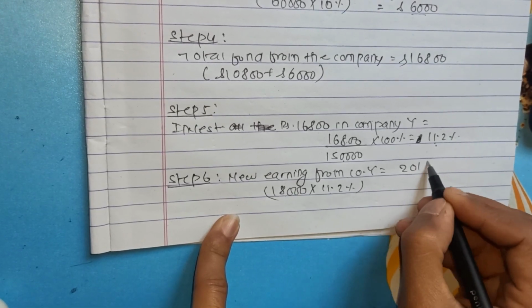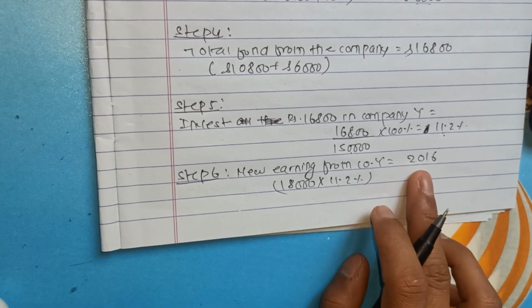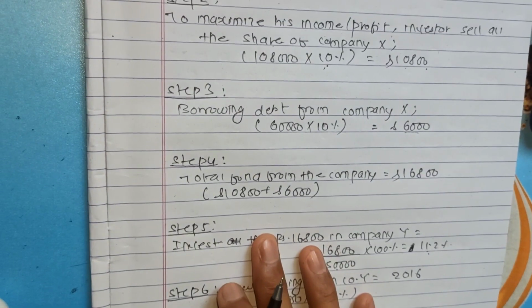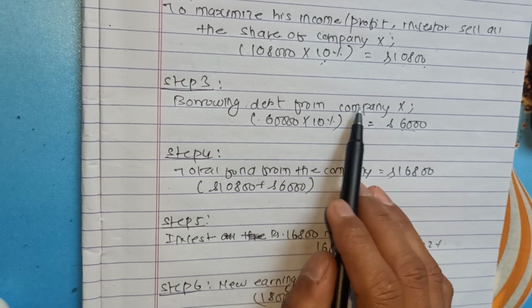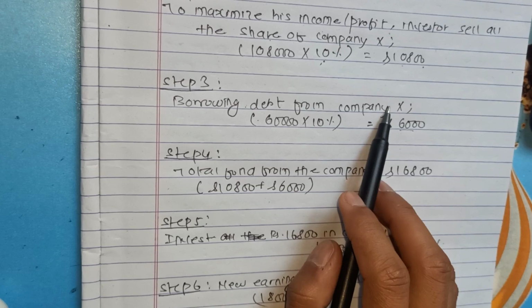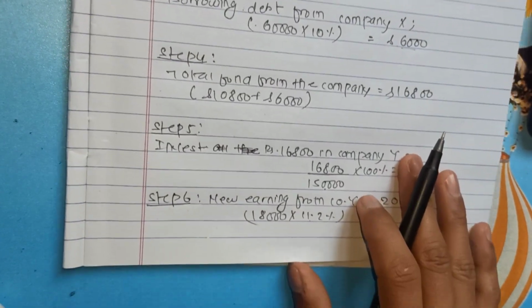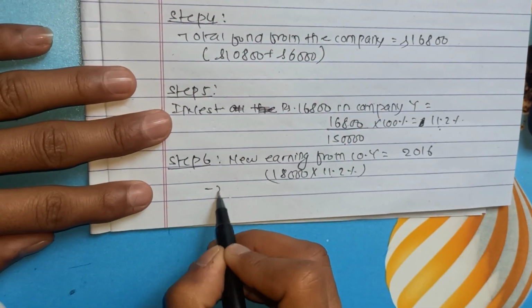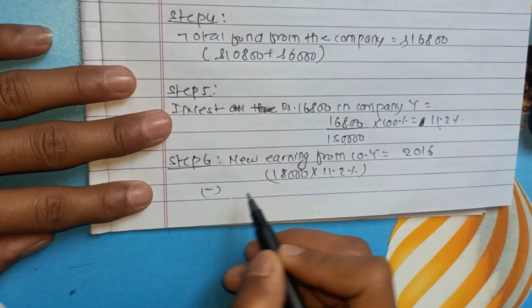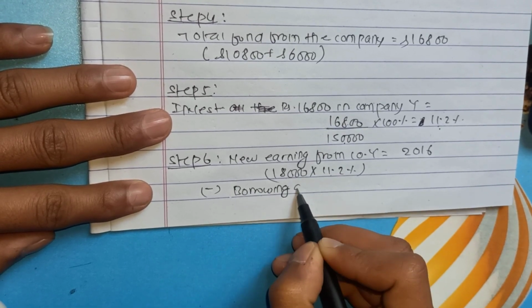This is 2016, the new earnings, but we had taken a loan. In step 3 we have borrowed a loan from the company X, so we have to pay interest to company X. So we have to deduct the borrowing interest.